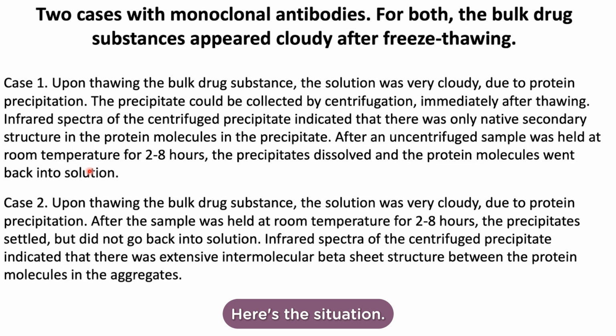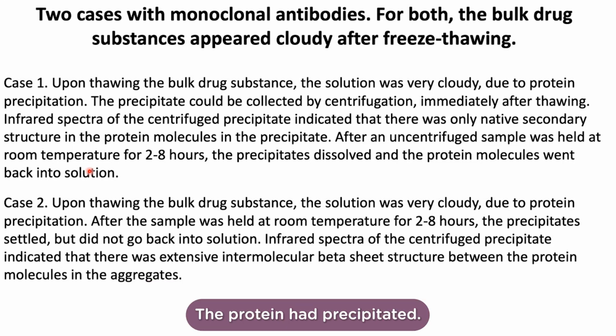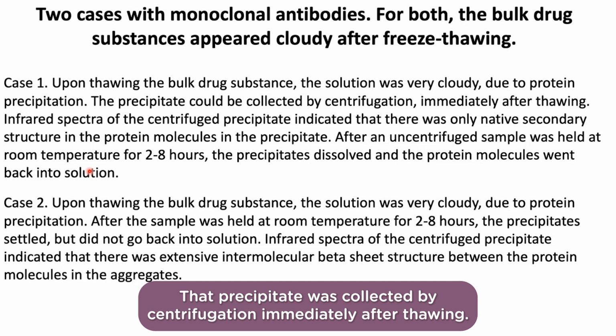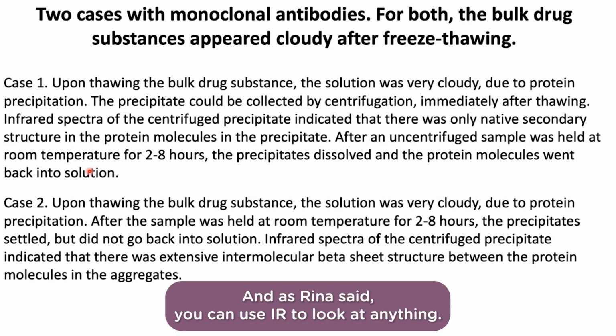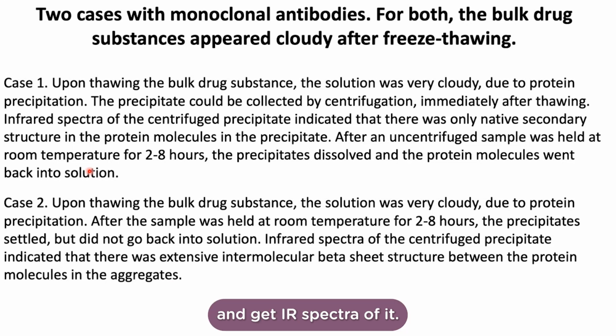Here's the situation. Case one is an antibody bulk drug substance that was thawed, and it was very cloudy. The protein had precipitated. That precipitate was collected by centrifugation immediately after thawing. And as Rena said, you can use IR to look at anything. So what's very cool is you can take a precipitated protein and get IR spectra of it.